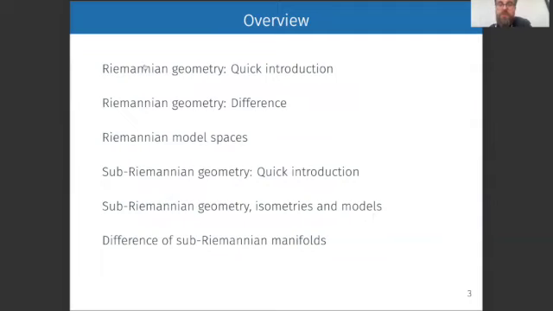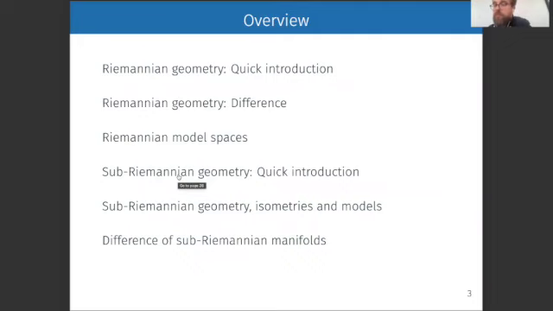So basically what we're going to do is look at Riemannian geometry first, what it is, and secondly, how we see differences between two spaces, and what the model spaces in Riemannian geometry are.